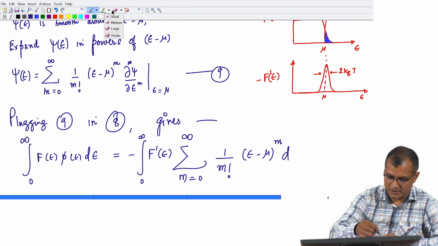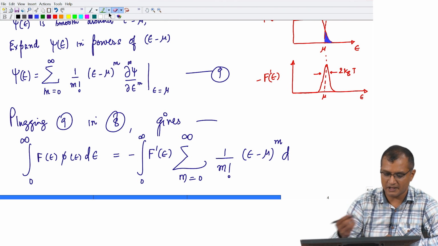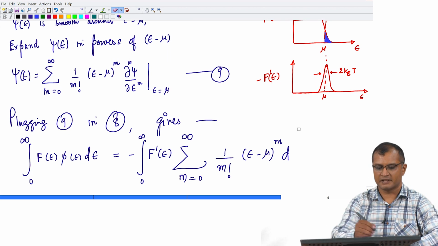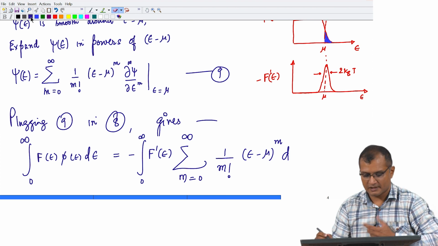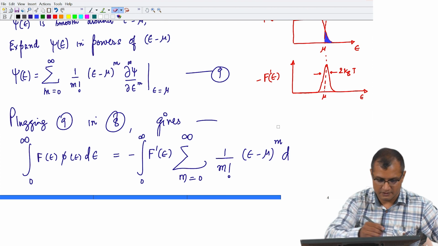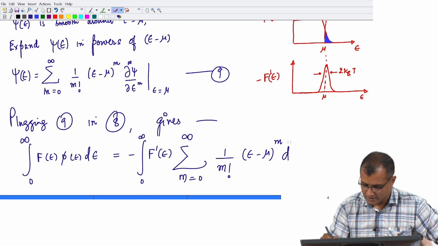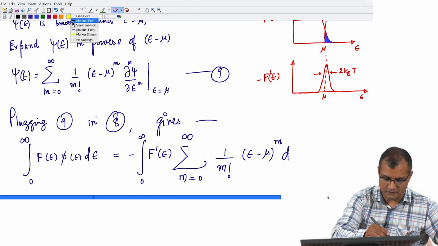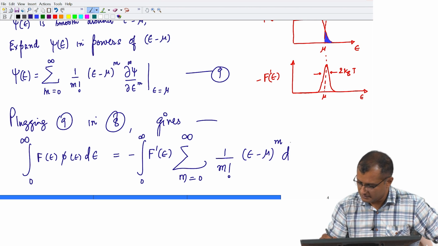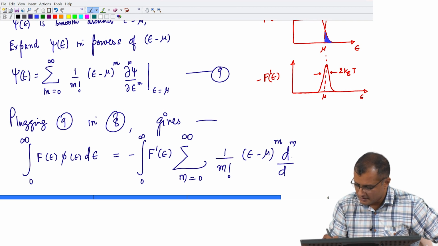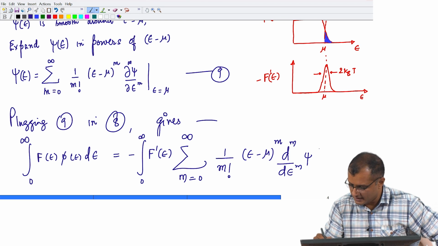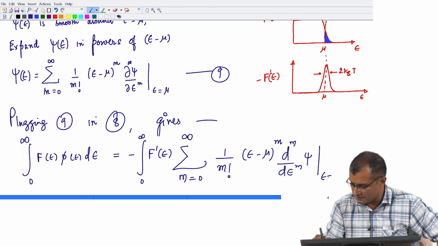And since psi is just a function of E, I am going to write the partial derivative as the ordinary derivative. Psi is not a function of any other variable. So, purely respecting that, I am going to write it as the mth ordinary derivative of psi at E equal to mu.